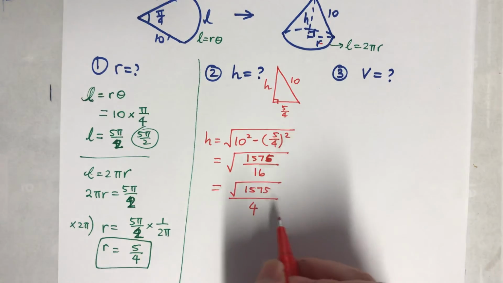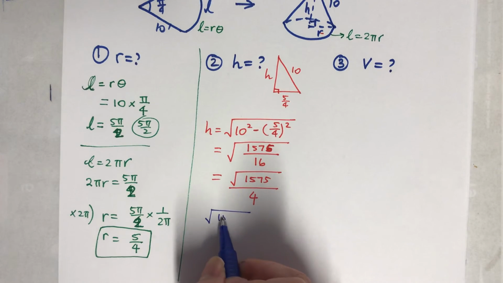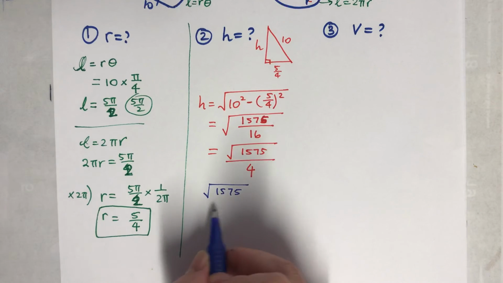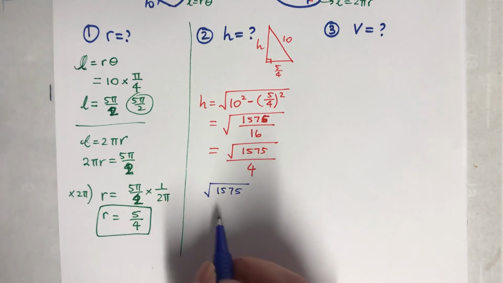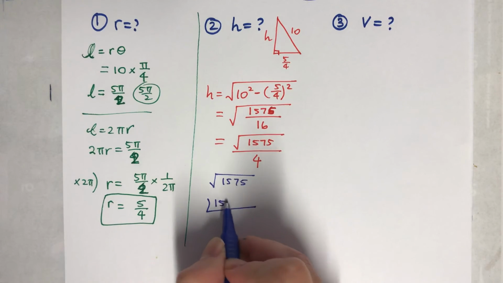Now, that's my height. Before I do that, I'm going to just simplify a little bit further with what I've got, the square root of 1575. I think I've mentioned a few times in my videos that I do it upside down.